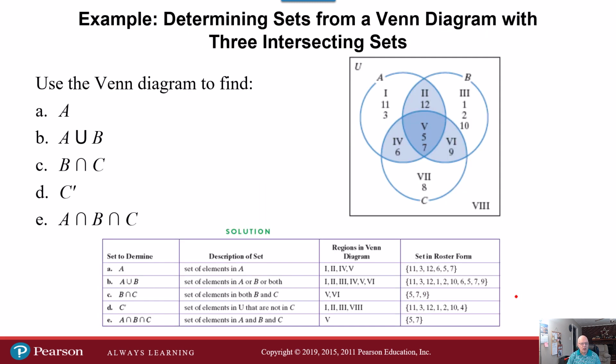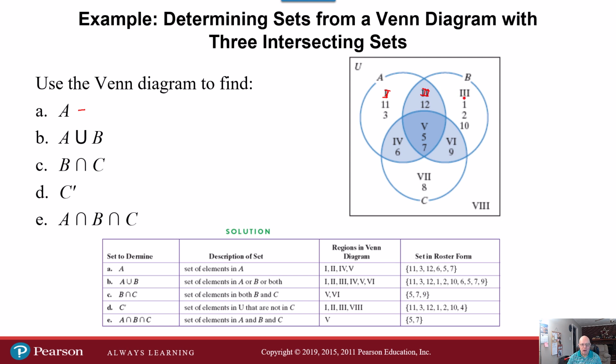Okay, let's take a look at this example. First of all, you want to find A. Where's A? Well, it says use the Venn diagram to find A. Notice these Roman numerals, I, II, and so on. Those only describe what the region is named, like from the last example.